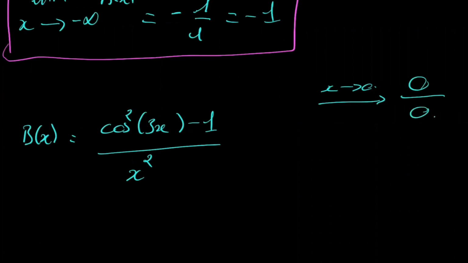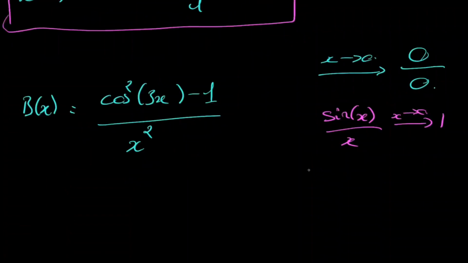But what do we know about trigonometric functions over something like x? We know that sinus of x over x tends to 1 when x tends to 0. And we also know that for any x, cosinus squared of x is equal to 1 minus sinus squared of x.